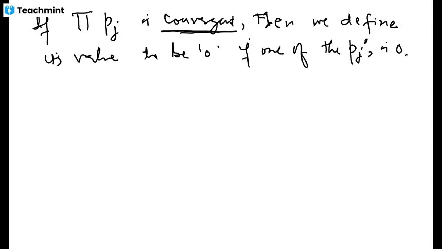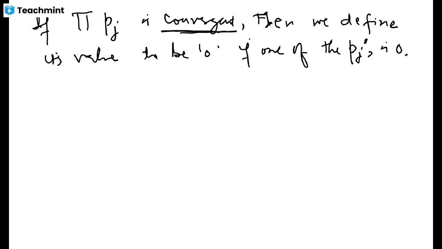The value of the infinite product is zero provided first the product is convergent, and by the definition of convergence it must be convergent. Then we define its value to be zero if any one of the factors in this product is zero.